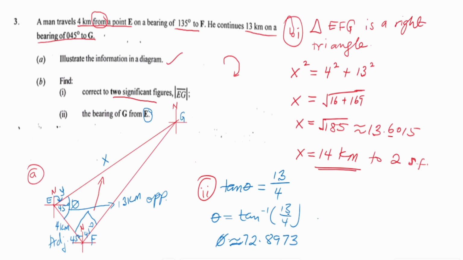And that is theta. I explained earlier that y will be equal to 135 minus theta, right? Good. So y will be equal to 135 minus 72.8973.